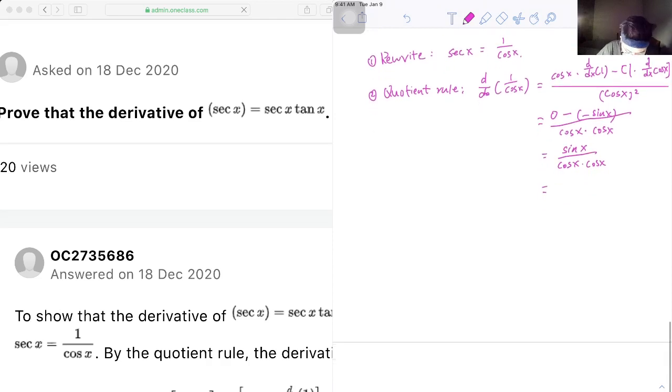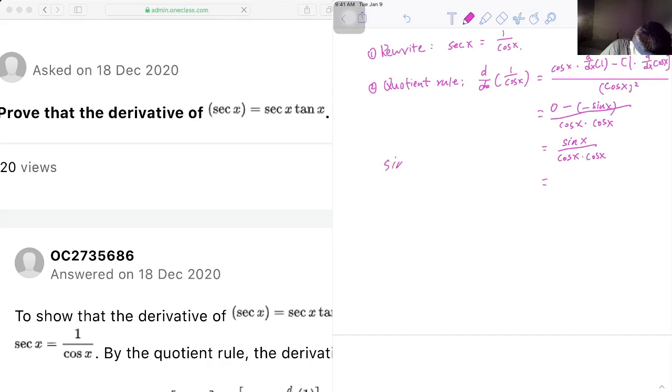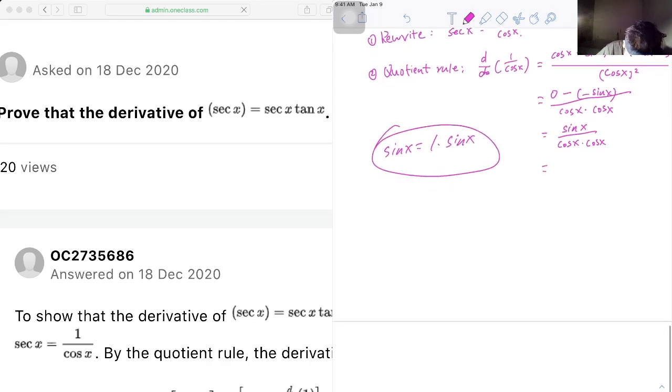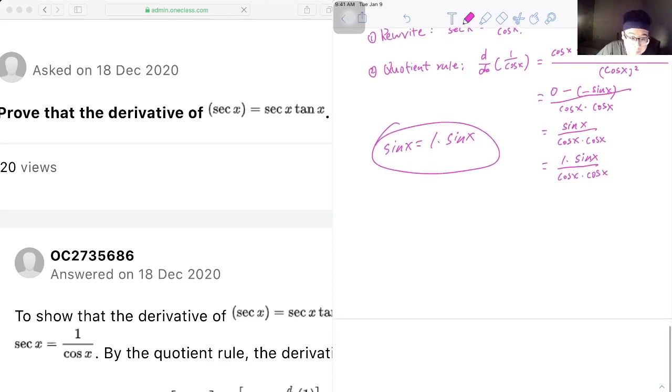Okay, and because we know that sine x is equal to 1 times sine x, we use this to substitute the sine x, so the new numerator will be 1 times sine x over cosine x times cosine x, and that will be equal to 1 over cosine x times sine x over cosine x.